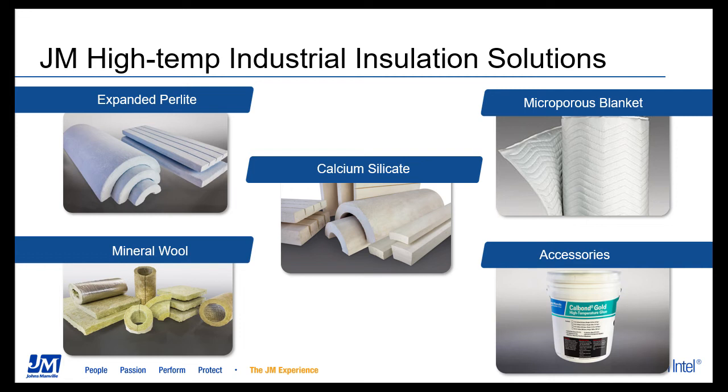We have a complete line of mineral wool products, our Expanded Perlite family, the calcium silicate product line, microporous thin blanket, the Insulin HT that I mentioned earlier, as well as a line of accessory products that go along with those, adhesives and coating materials, so that you can have a complete and properly installed system. We'll start off taking a look at our calcium silicate.